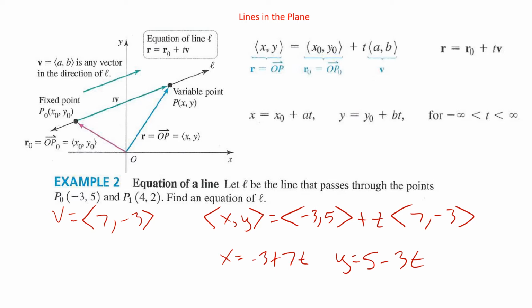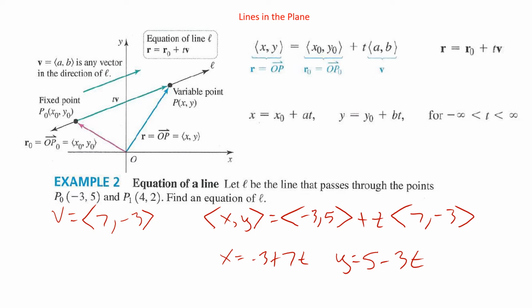If you start out with a different point that's on the line, your equation's going to look different even though it's describing the same line. So the negative 3 plus 7t could easily be 4 plus 7t and 2 minus 3t. Same thing. It just has a different starting point.